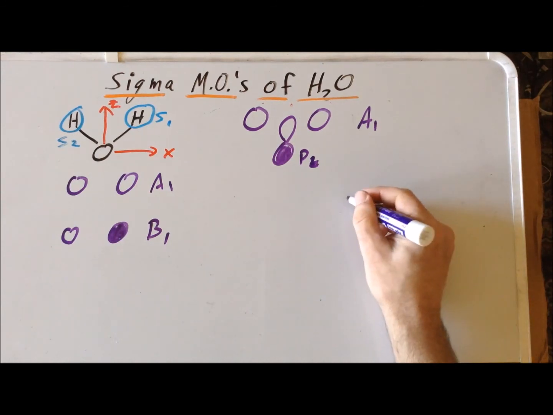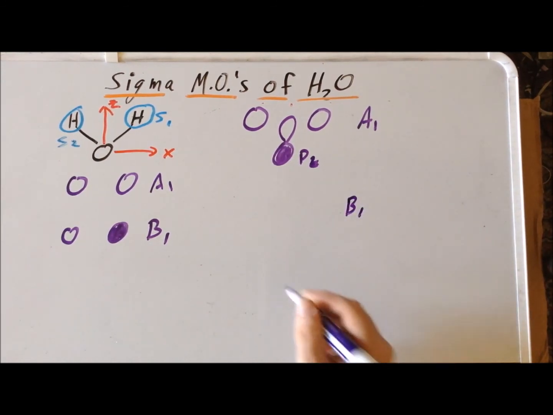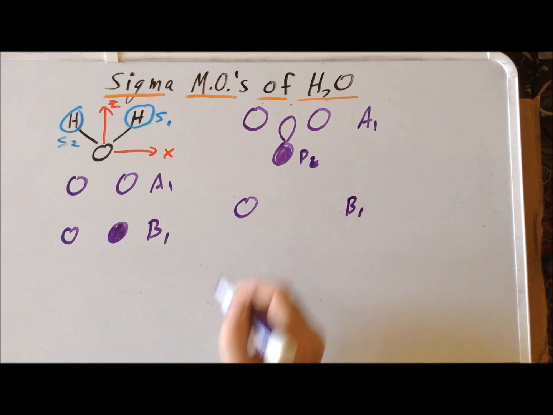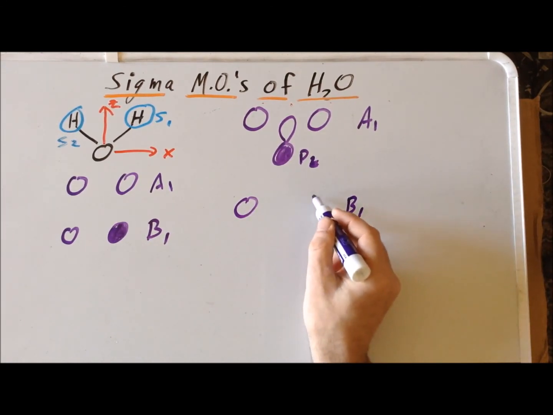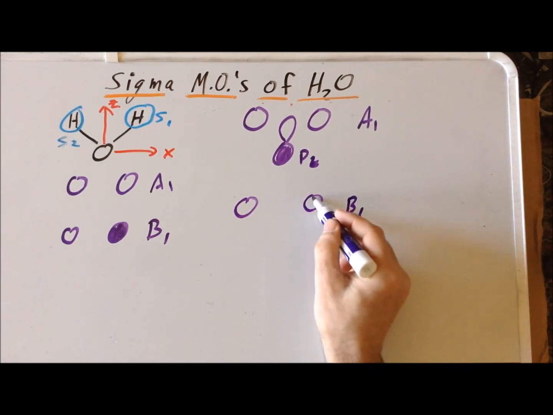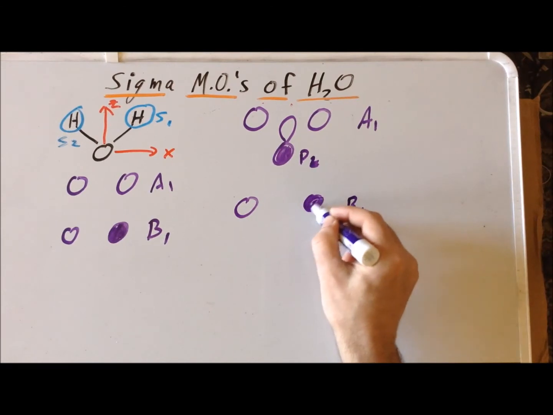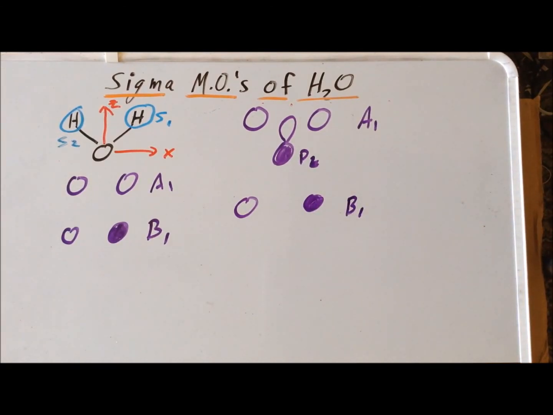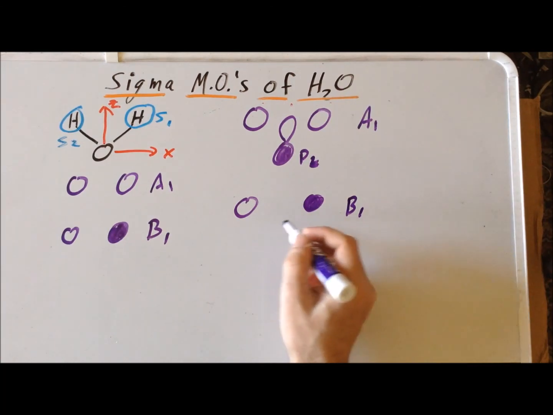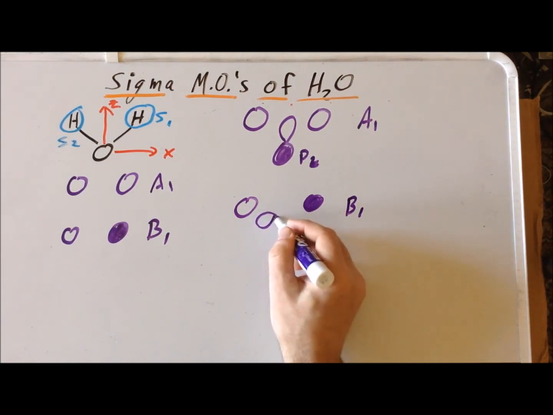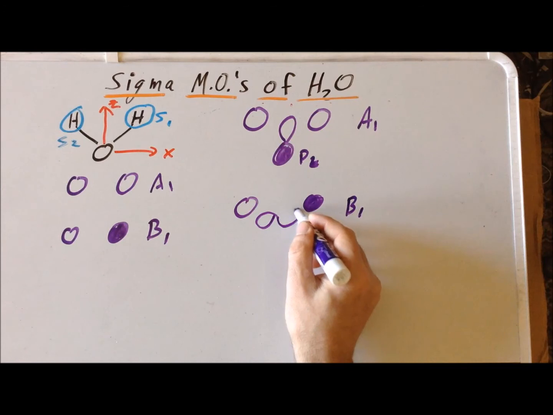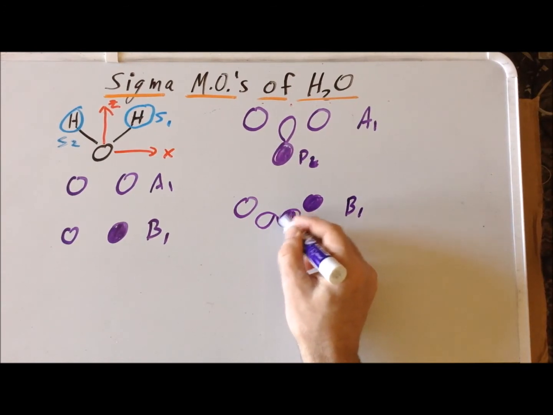Now for B1, we need a combination where on one side the hydrogen atom has positive phase, but on the other side it has negative phase. So the proper atomic orbital on oxygen that has the proper symmetry would be a p orbital with a positive lobe to the left and a negative lobe to the right.